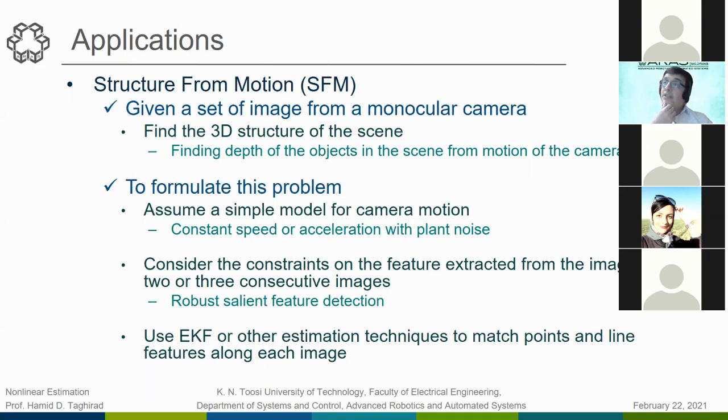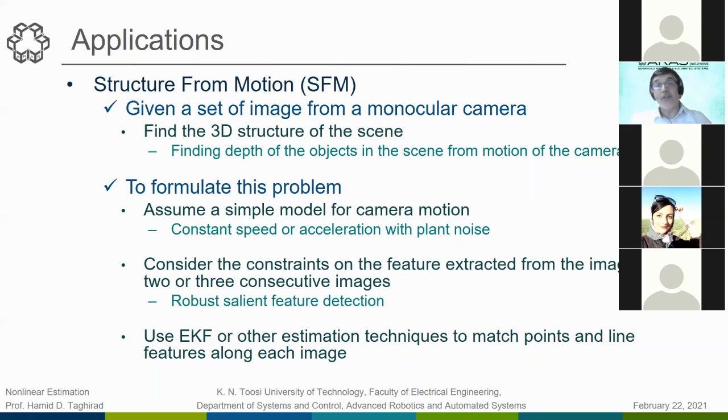It means that given a set of images from a monocular camera, we have one single camera and a set of images. These images could be taken in sequence or from different viewpoints. Then we want to find the 3D structure of the scene. And this is very important, to find the depth from the monocular camera.